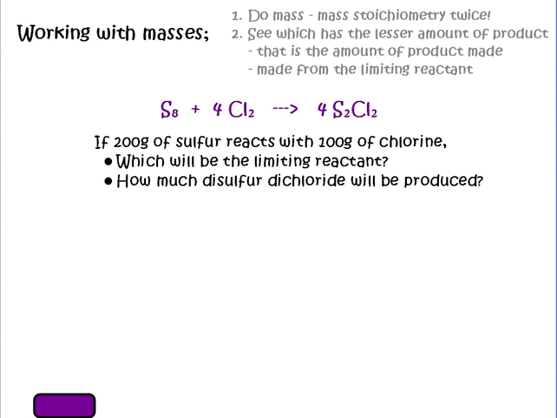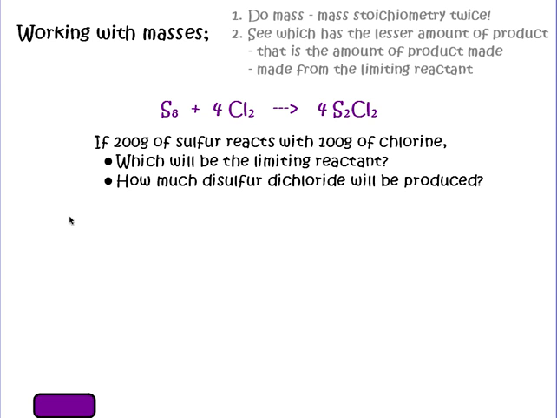And just like in the previous problems, we're going to concern ourselves with a couple different things. The first thing is this balanced chemical equation, the recipe, right? And in the problem, we find the amounts that we have available, 200 grams of the sulfur and 100 grams of the chlorine. So what are we going to do?